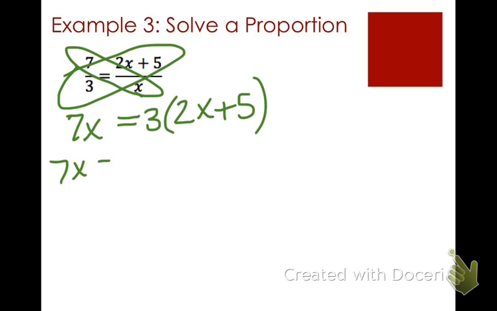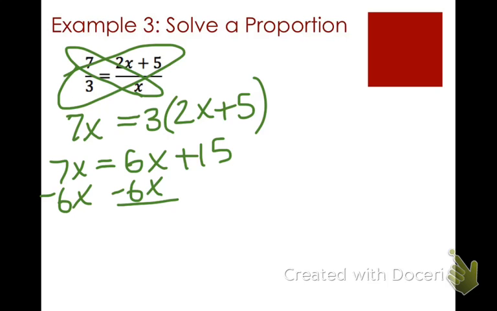So 3 times 2x is 6x, and 3 times a positive 5 is plus 15. And now I follow my normal procedure. 7x minus 6x is just x, so x has to equal 15.